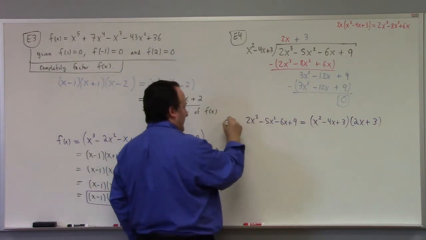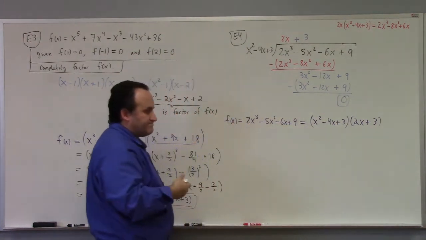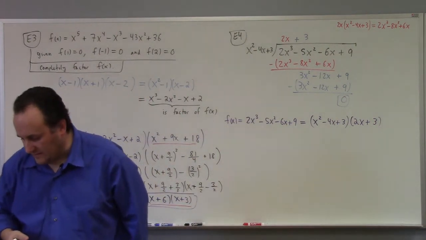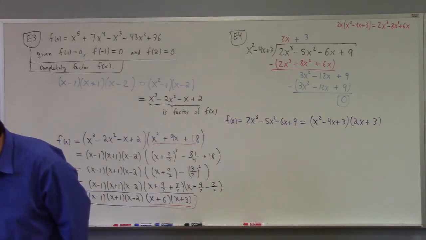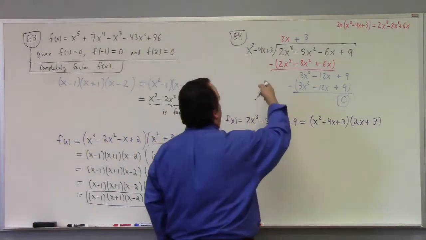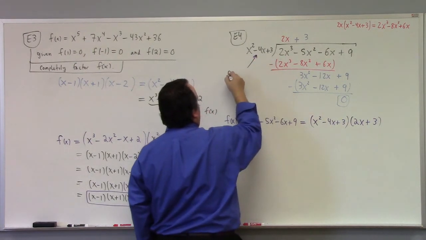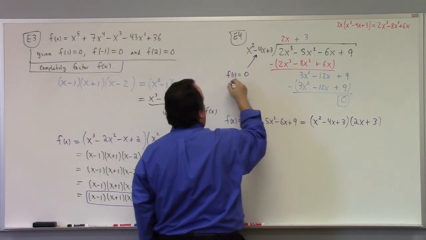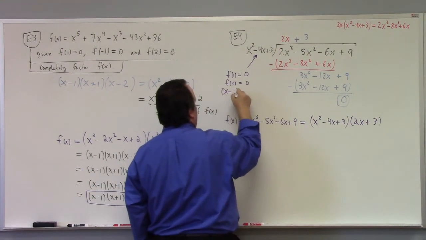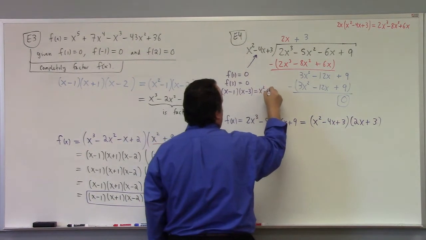And the question is, all right, so now let me fess up. This is f of x for this problem, all right? And I'm trying to completely factor this thing. I gave information in example 4 that f of 1 was 0 and f of 3 was 0, which gave me that x minus 1 and x minus 3 were factors, which of course is x squared minus 4x plus 3.